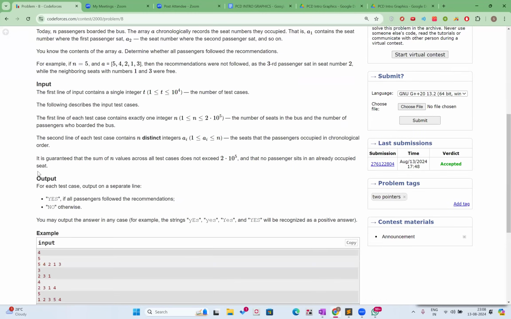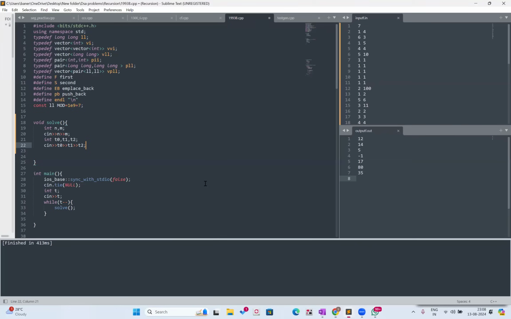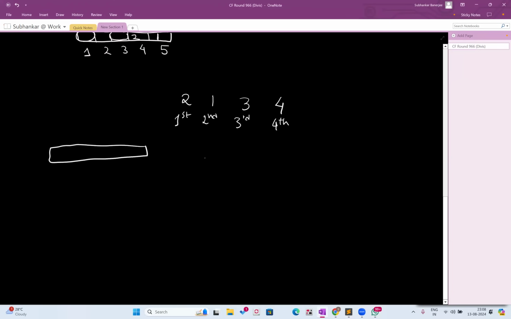I'll take another example for which the answer is yes. 2, 1, 3, 4. This is the first passenger, this is the second, this is the third, and this is the fourth. Now we have 4 seats.